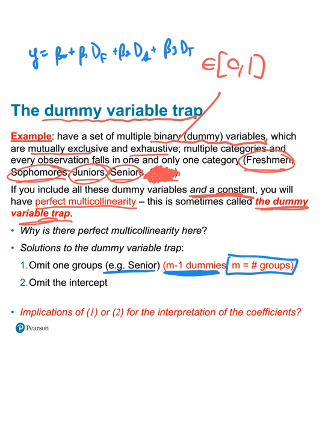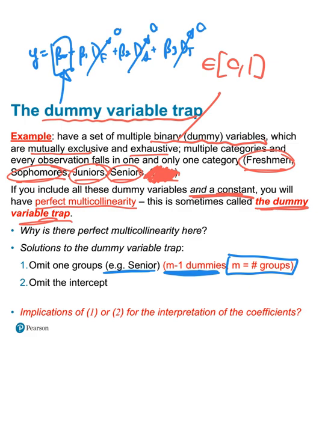If we stop right there, if we actually have a senior, then they're not a junior, they're not a sophomore, they're not a freshman. That means that this coefficient right here represents the average impact on our dependent variable from a senior. Just because we do not include them within our regression does not mean that we have ignored them. What we've done by dropping one of the dummies is we've made the interpretation of the coefficient something that makes sense.